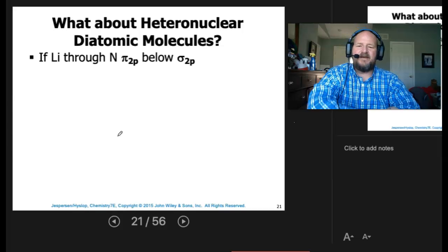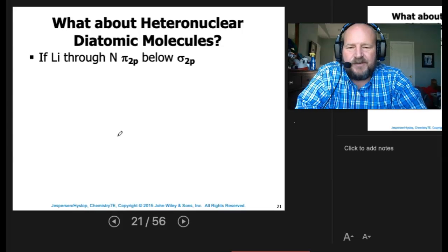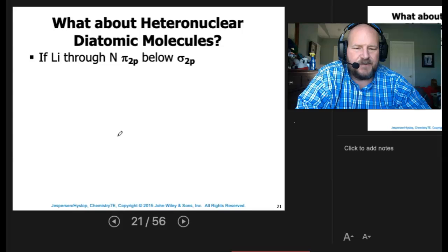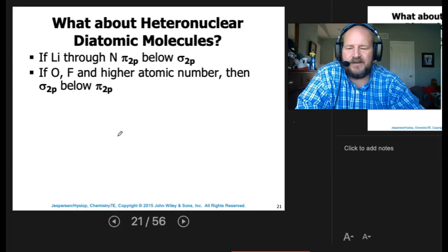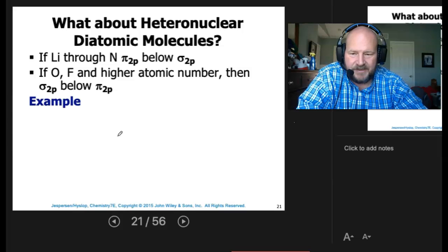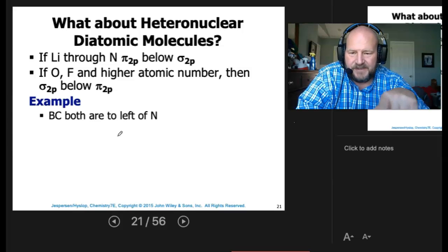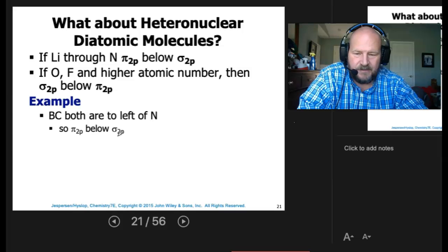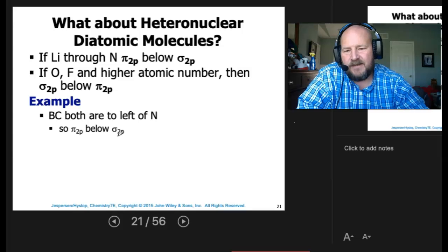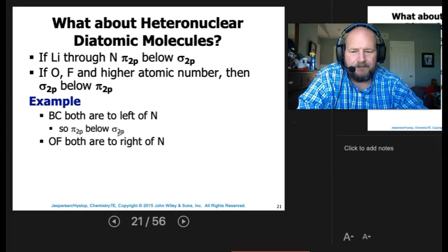So if lithium through nitrogen, pi 2p is below the sigma 2p, and if oxygen and fluorine, in higher atomic number, sigma 2p is below the pi 2p. So for example, BC, both are to the left of nitrogen, right? So if I look at boron carbon, the 2 pi is below the 2 sigma again.